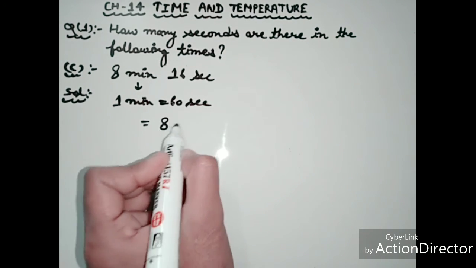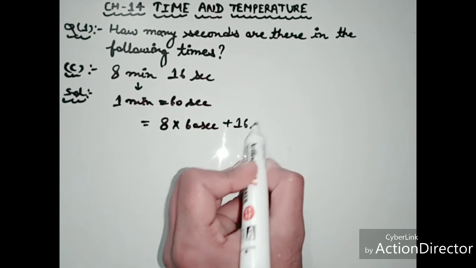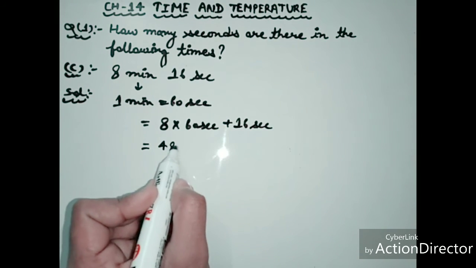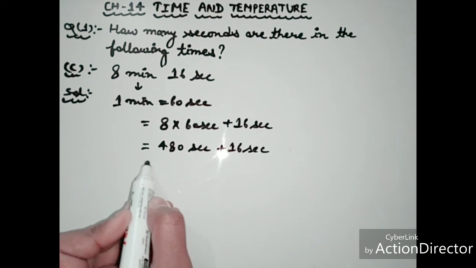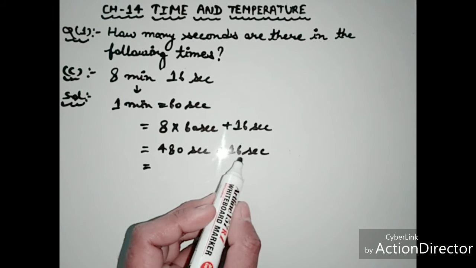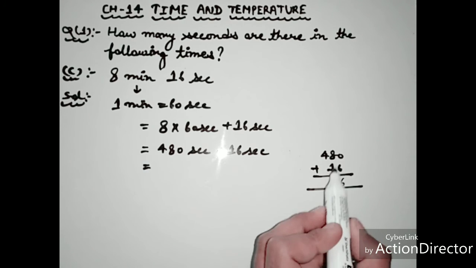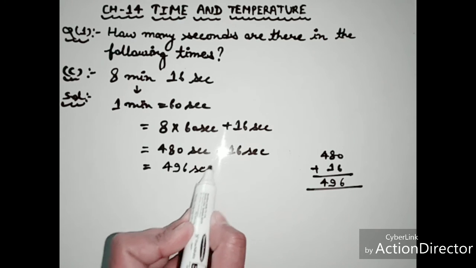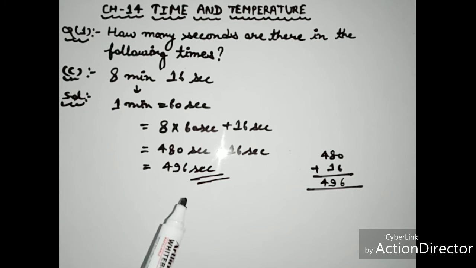So we multiply 8 by 60 seconds and add 16 seconds to it. 8 sixes are 48, so 480 seconds plus 16 seconds. 480 plus 16: 0 plus 6 is 6, 8 plus 1 is 9, and 4. So we write 496 seconds. Converting 8 minutes 16 seconds into seconds, we get 496 seconds.